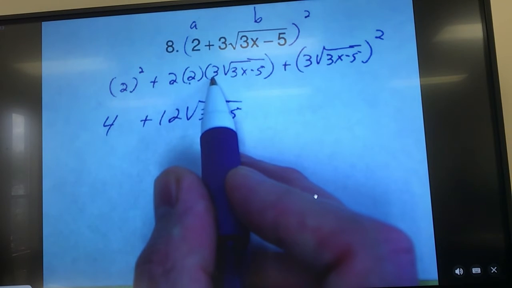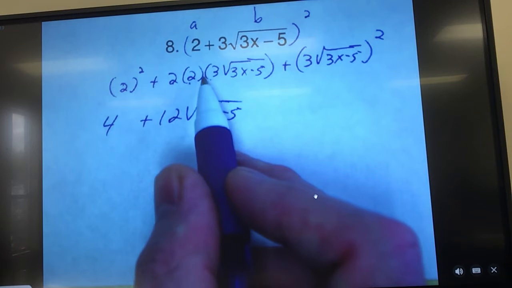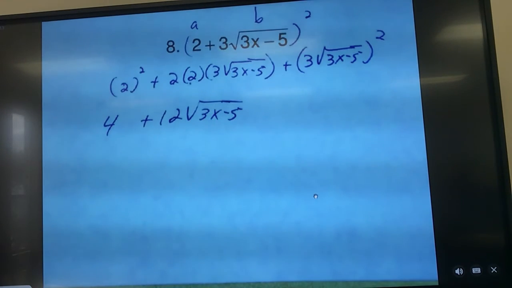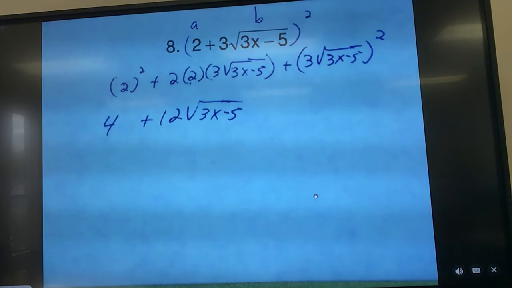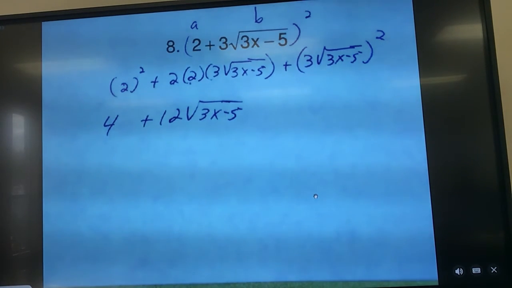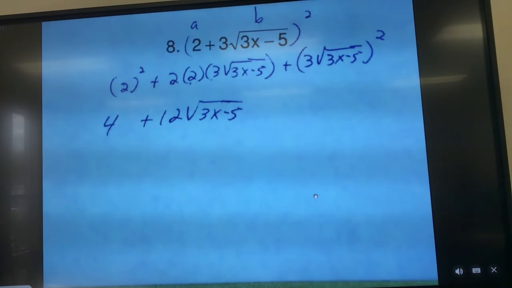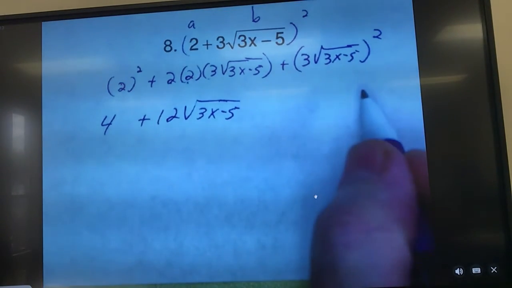But isn't that 3 connected to the... But multiplication, you can multiply the whole numbers, the outsides. Yeah, you just can't add. Addition, subtraction. Like if it was 2 times 3x, I can do 2 times 3x, but I can't do 2 plus 3x. 2 times 3x is 6x. 2 plus 3x is just 2 plus 3x. Okay, good question though.